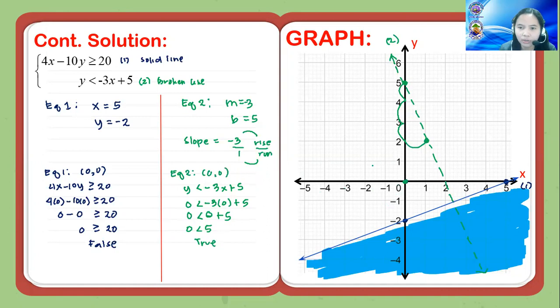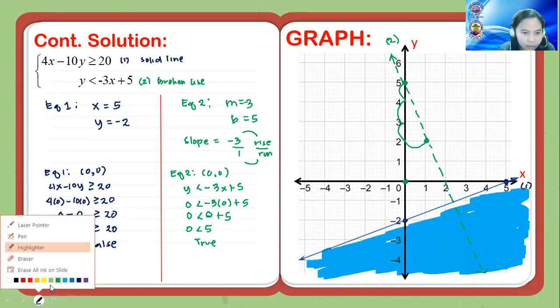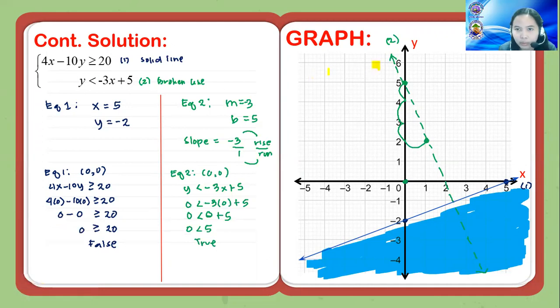Since the result is true, you have to shade the part with the origin. Let me use a highlighter. So we will just shade the part. I use a light yellow color for equation number 2. Just take it easy to shade the part.